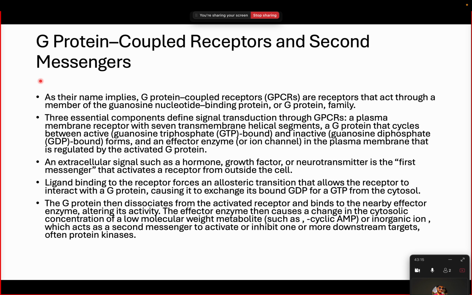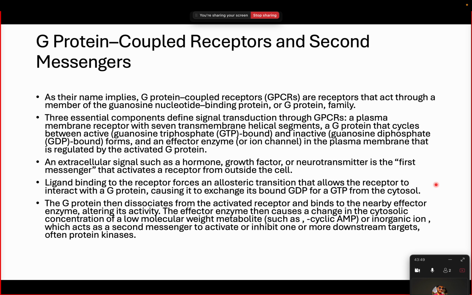An extracellular signal such as a hormone, growth factor or neurotransmitter is the first messenger that activates a receptor from outside the cell. So this is the signal ligand, which we have just understood with respect to the signal transduction phenomena. Okay, ligand binding to the receptor forces an allosteric transition that allows the receptor to interact with the G protein, causing it to exchange its bound GDP for a GTP from the cytosol.